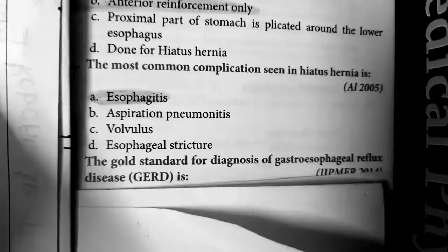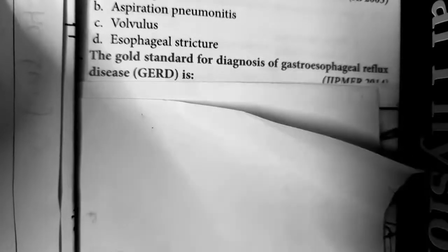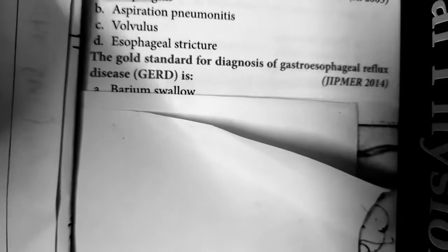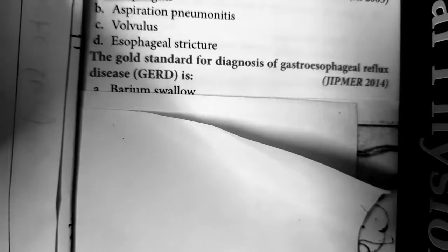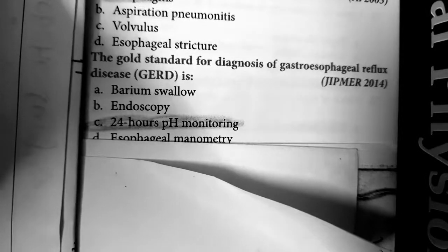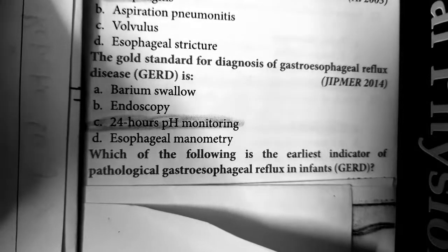Next, the fourth question. The gold standard for diagnosis of gastroesophageal reflux disease is 24-hour pH monitoring. Which of the following is the earliest indicator for pathological GERD in infants?